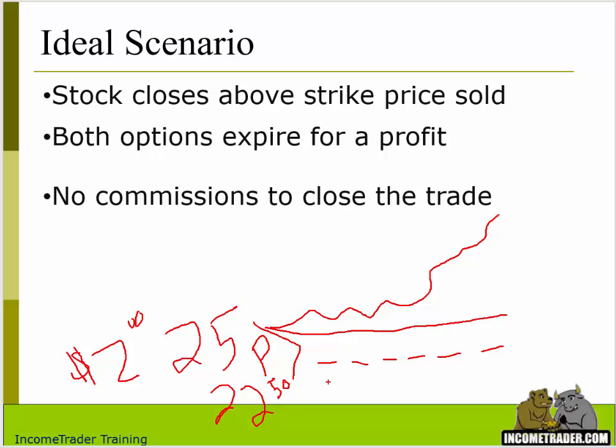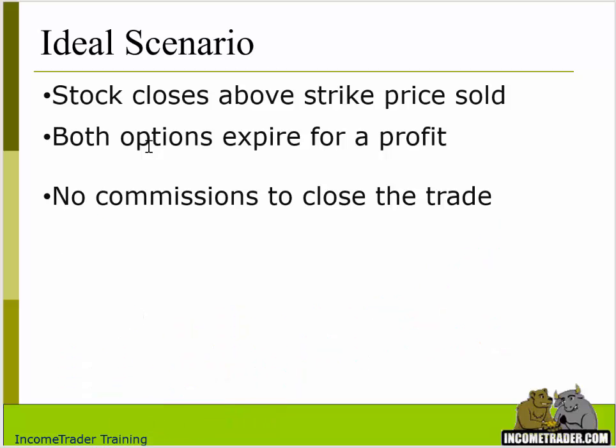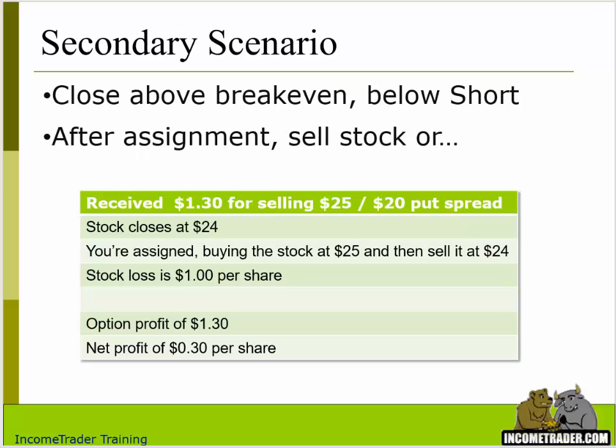And ideally, gosh, if we could keep this stock staying above the strike price that you sold, then all of the premium that you brought in minus the premium that you paid, all of those profits stay in your account and you don't have to pay any extra commissions. This is the best part. If you can enter into a credit spread and receive the premium initially, the ideal scenario is that on expiration day both options expire completely for a profit and there are no more commissions to close the trade.